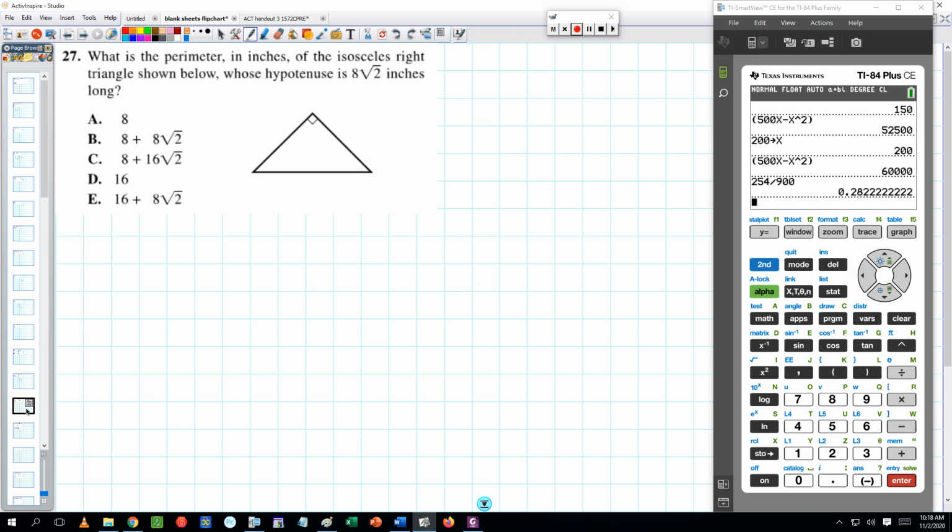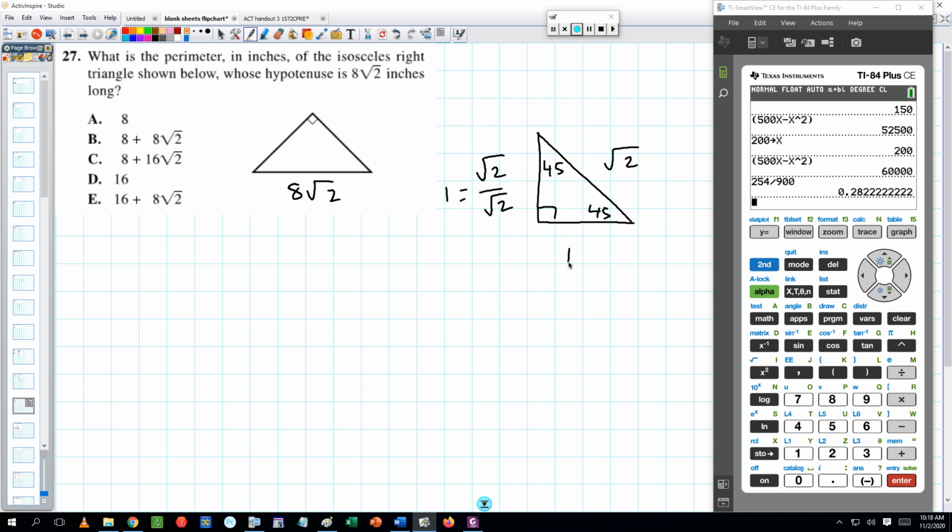What is the perimeter in inches of the isosceles right triangle below, whose hypotenuse is 8 radical 2? Okay, there's a pattern to 45, 45, 90 triangles, which is what this one is. It's isosceles, so those two angles are the same. If the hypotenuse is something times radical 2, then your legs are going to be that radical 2 divided by another radical 2, which gives you a 1.